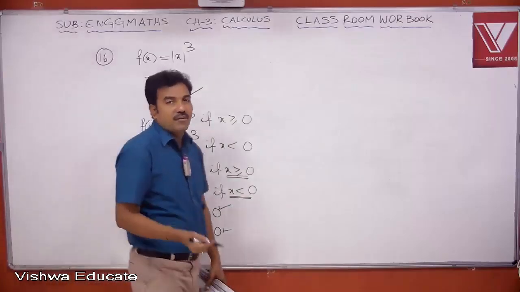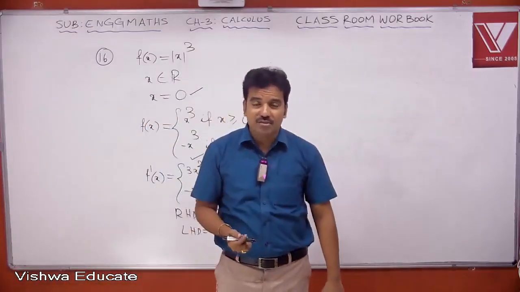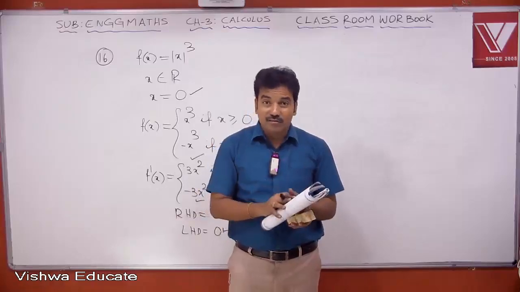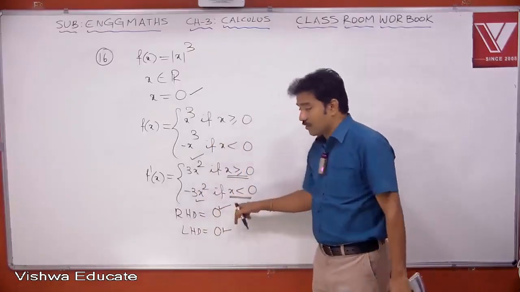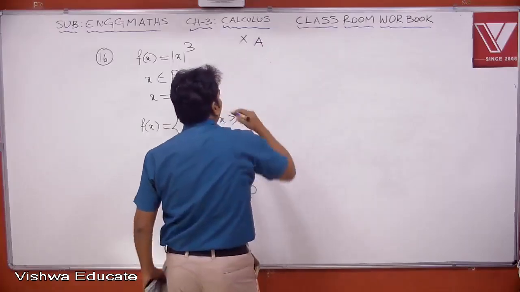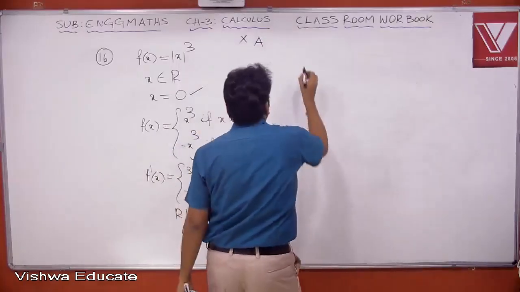So once it is differentiable, ultimately it is continuous. But option A says continuous but not differentiable, and it is differentiable because of this. So option A is wrong. Now let us go for the second order derivative.